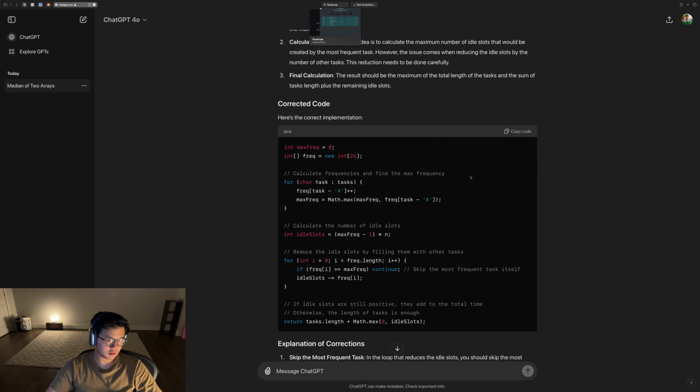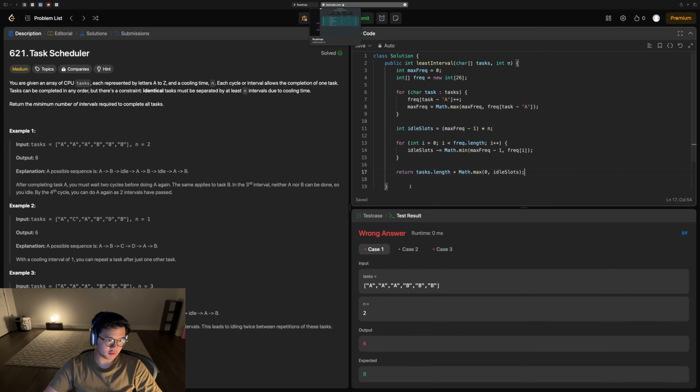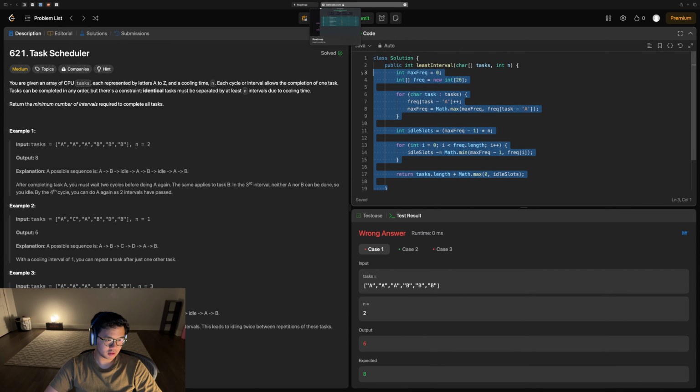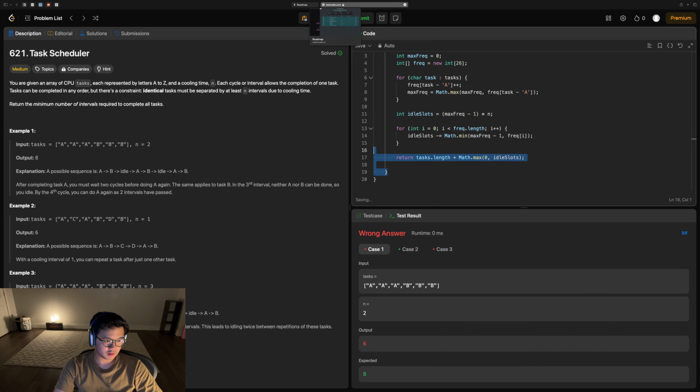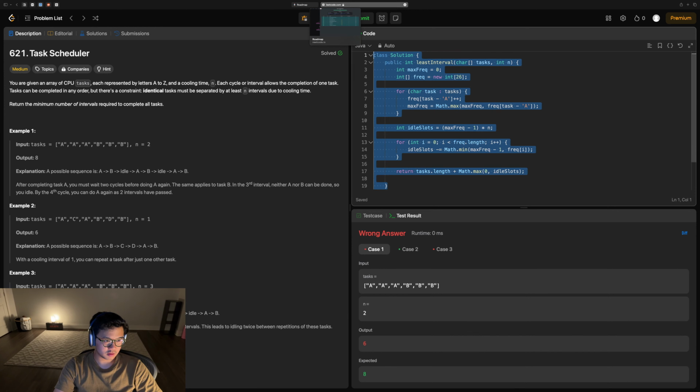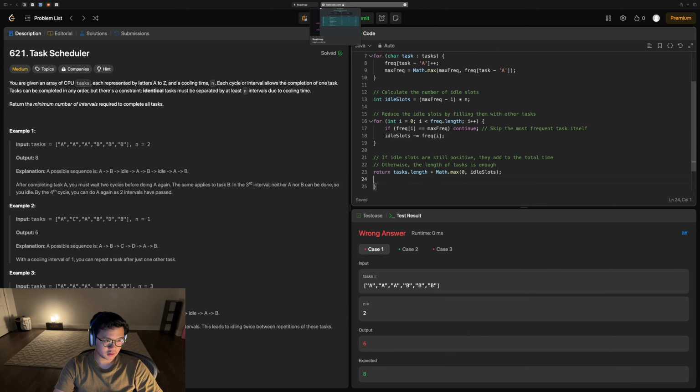Oops. Because we shouldn't be getting rid of the max frequency, should we? Let's see if this works. Don't fail me, GPT.